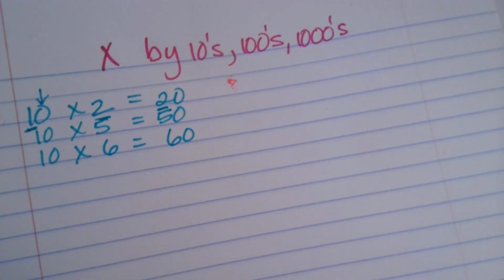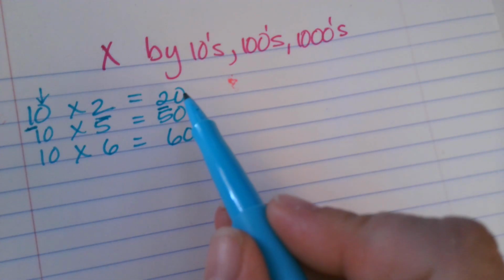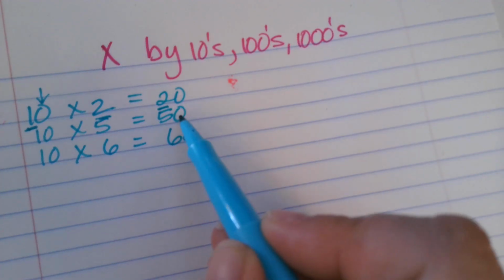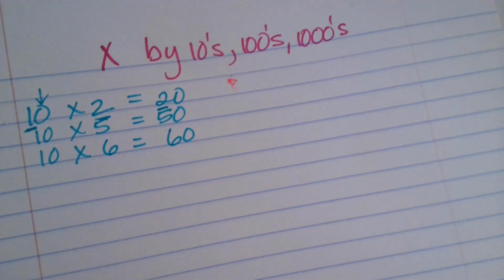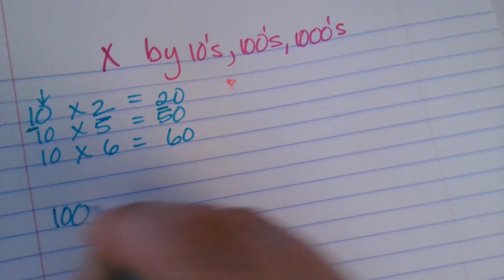So if I multiply by a number that falls into multiples of 10, like 10, 20, 30, 40, 50, 60, you can see the pattern, right? You know all of your 10s because they're pretty easy. They all end in a 0. Same thing with 100.